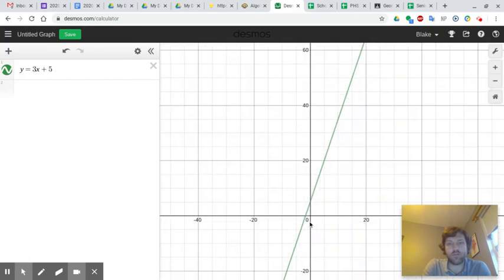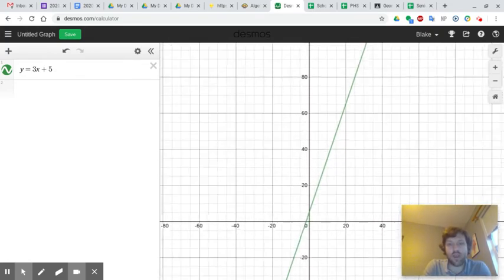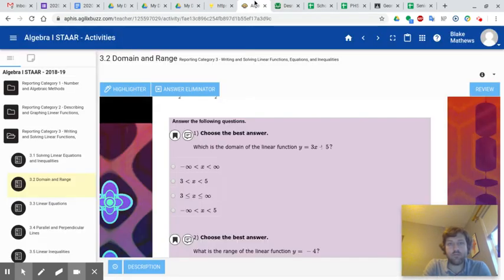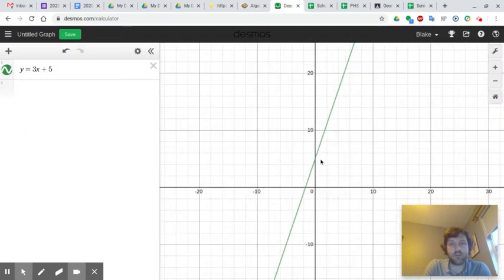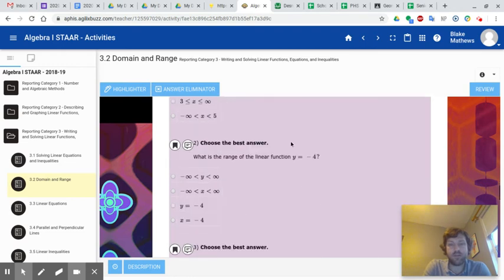If we zoom out and zoom out, this graph is going on forever and ever in every direction: up, down, left, and right. Whenever that happens, this is your answer choice right here: negative infinity to positive infinity. Because it's the domain, we're looking for x. The important idea is that because this graph goes on forever in each direction, it's going to be negative infinity to positive infinity.